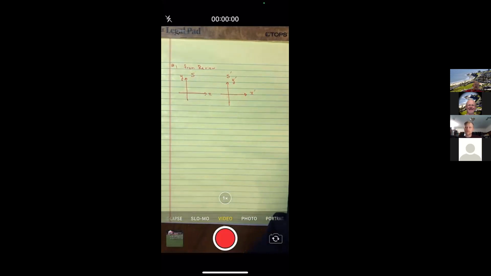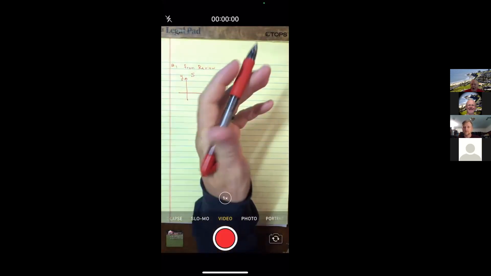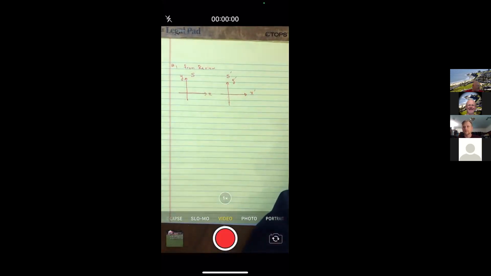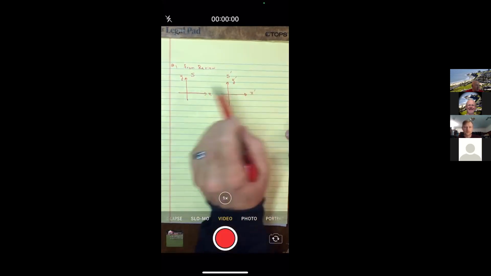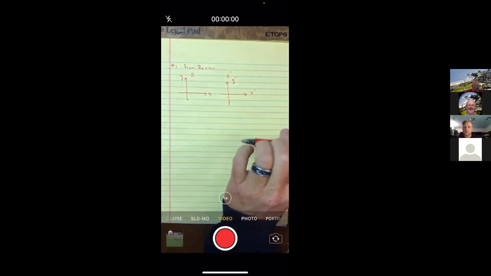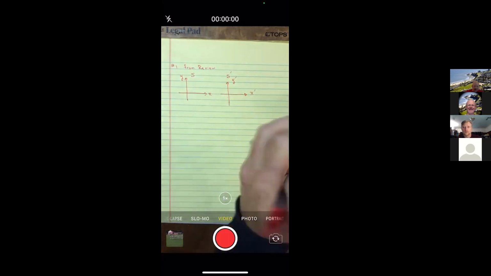Actually, what's happening is the person on the outside, the whole ground, the whole freeway, is moving towards me. Anyways, it doesn't matter which you call S or S prime, but once you make a decision, you have to be consistent in it.